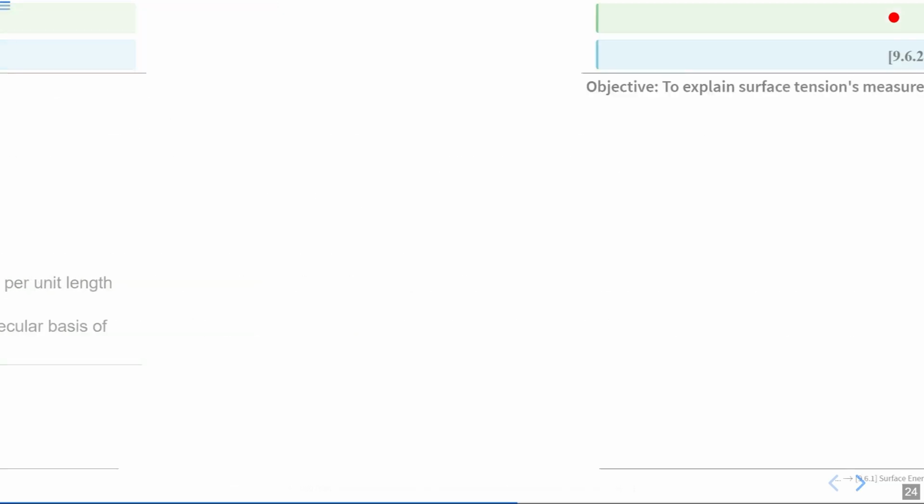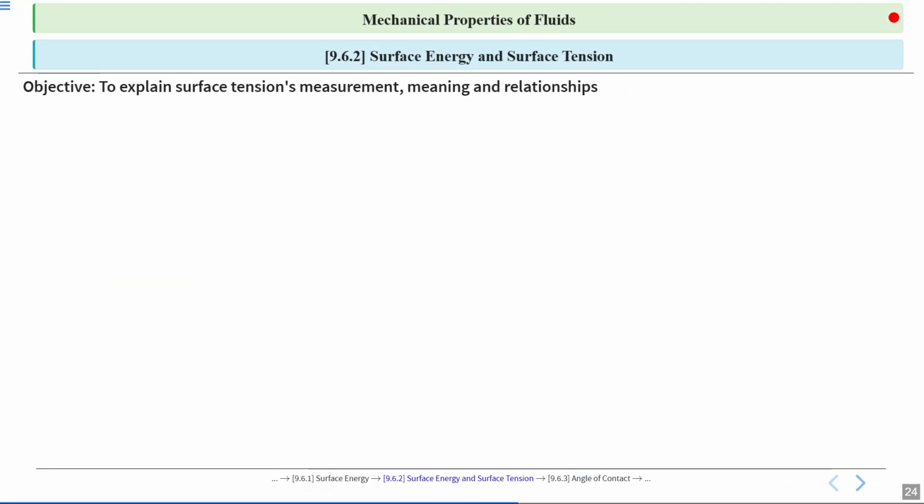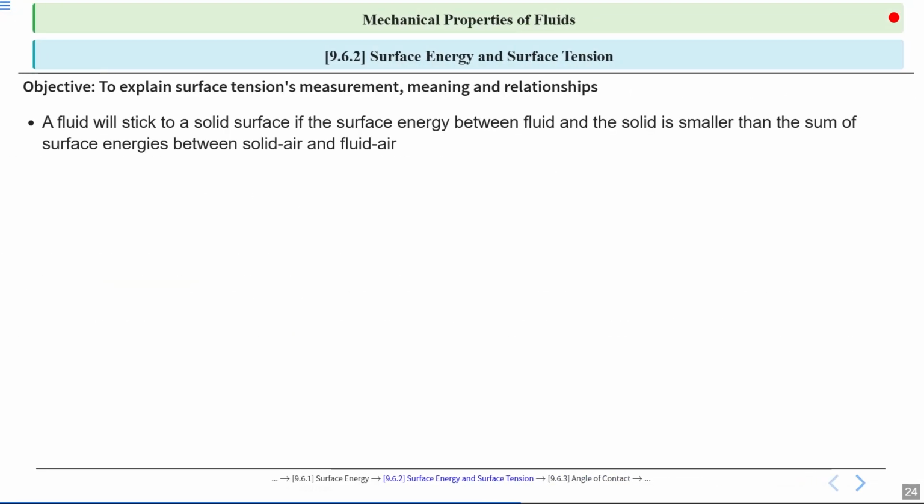Now, let's start by looking at how a fluid interacts with a solid surface. A fluid will stick to a solid if the energy needed to keep the fluid and solid together is less than the combined energies of the solid with the air and the fluid with air.